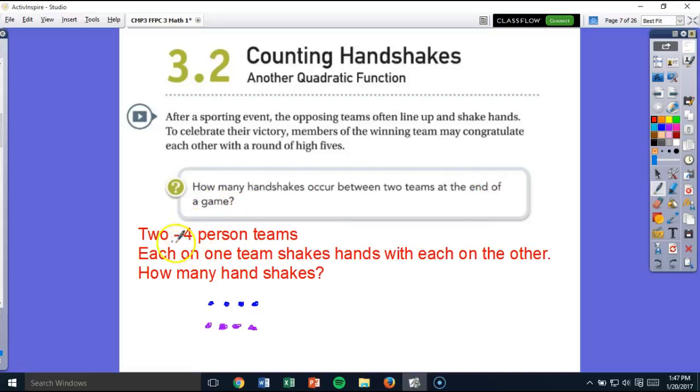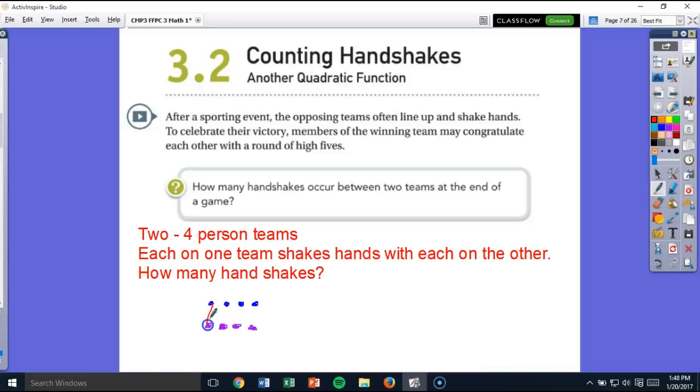Well, to give you an example, here we have two 4-person teams. Each person on one team shakes hands with each person on the other team. How many handshakes are there going to be? I've made two different teams here, one blue team, one purple team, and let's count the handshakes. I drew a visual here because sometimes that helps me to see patterns, so it might help you as well.